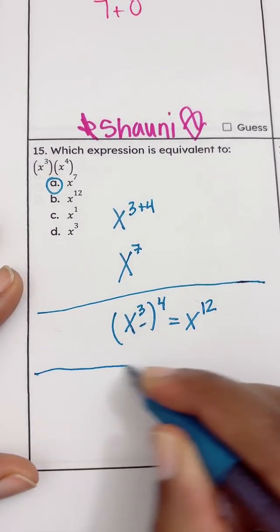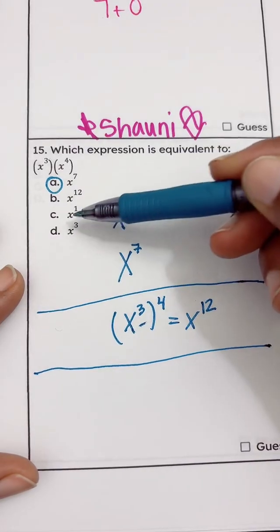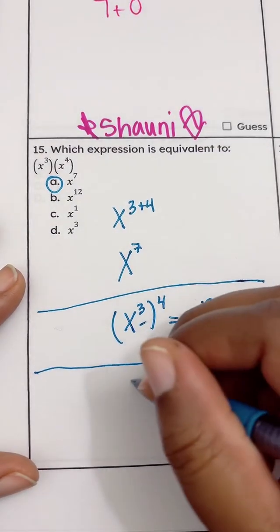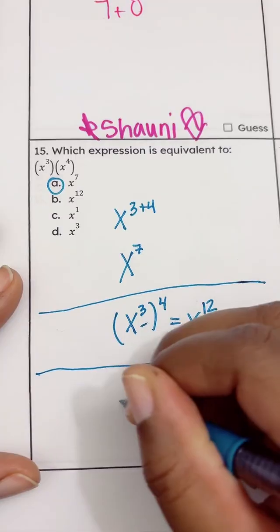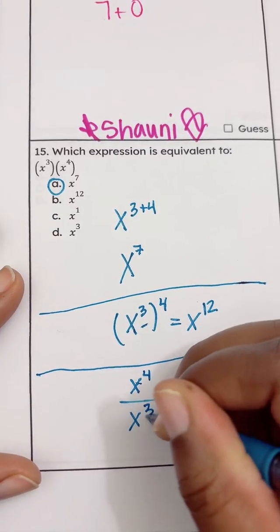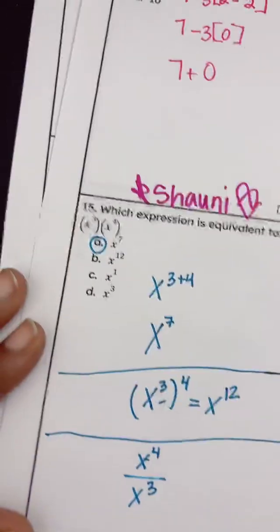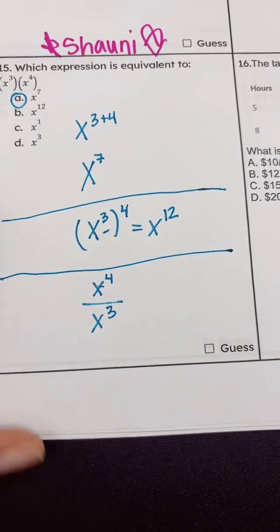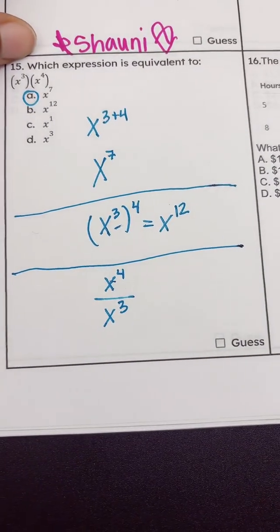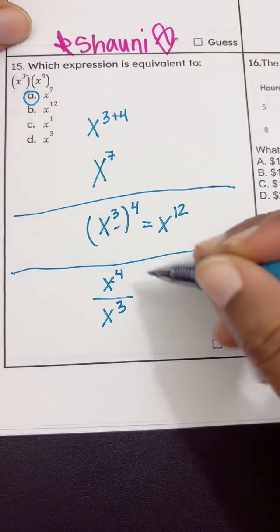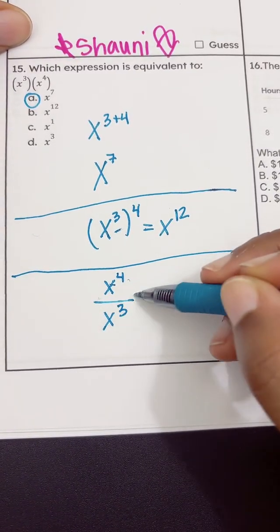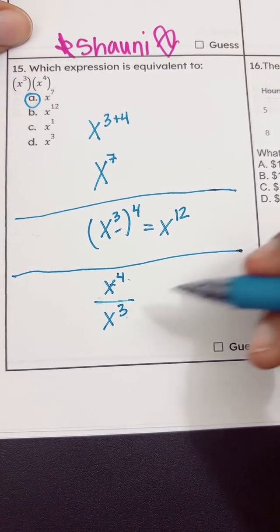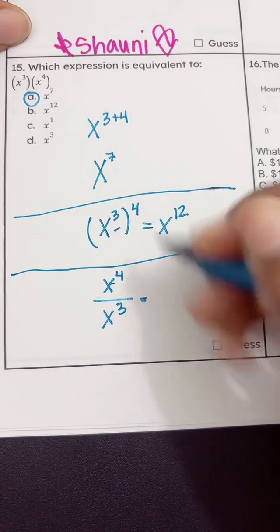Let me show you how you can come up with C. This one down here: x to the fourth divided by x to the third. Why?